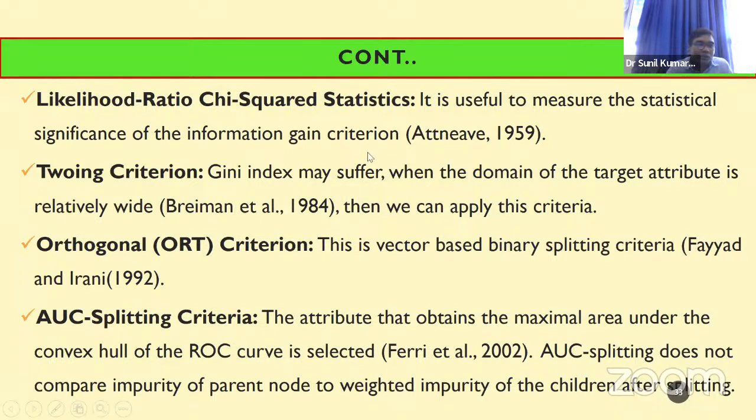Then we move towards this Twoing criterion. If you are interested, you can explore the literature given by Breiman. Another criterion for splitting is the orthogonal criterion. This is a vector-based binary splitting criterion, and it can be explored with the help of this literature. So these are a few splitting criteria which can be explored.